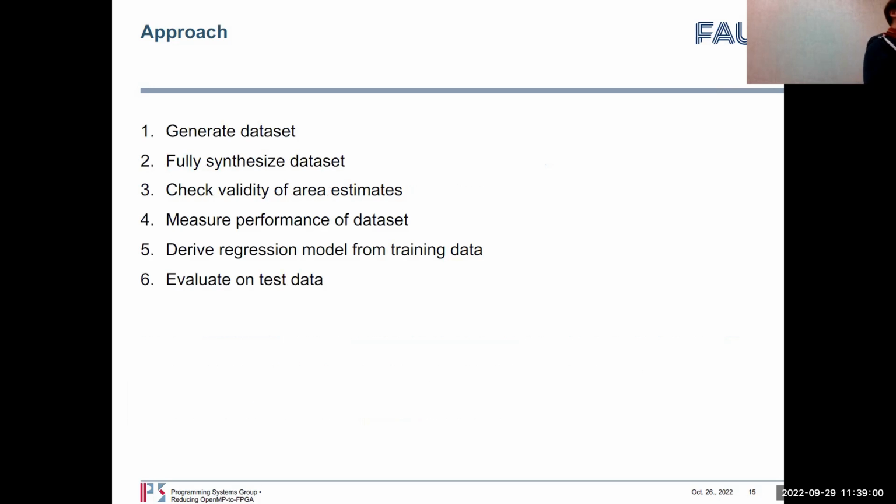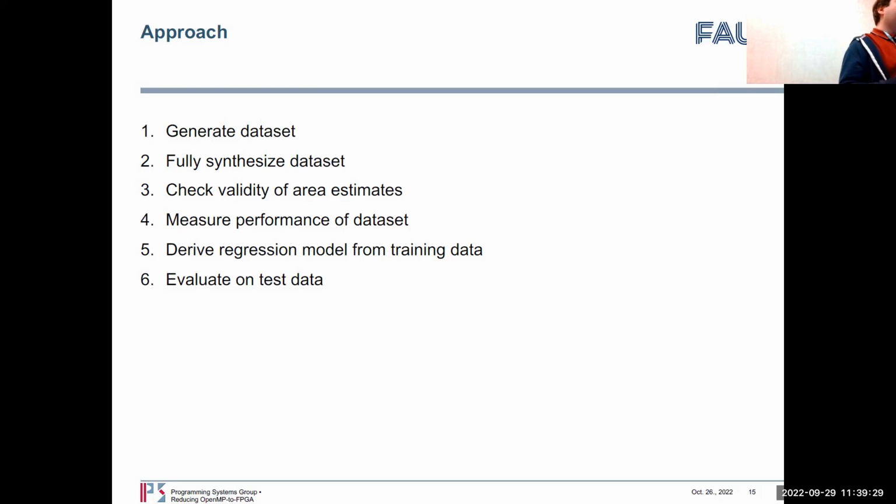We first generated a large data set from a few OpenMP target offloading benchmarks by inserting random combinations of these HLS pragmas into them. And then we synthesized every sample within that data set. That took some time. Then we first checked if these area estimates are even reliable for OpenMP-to-FPGA target offloading, if they are actually correct, since we then had the final product.